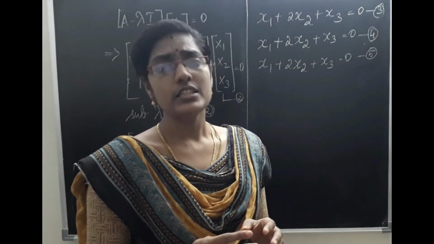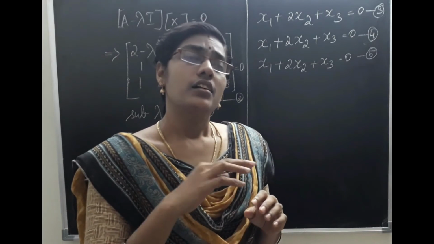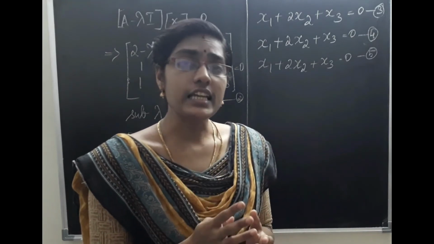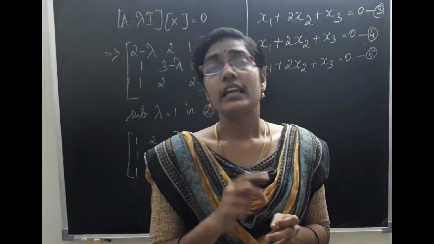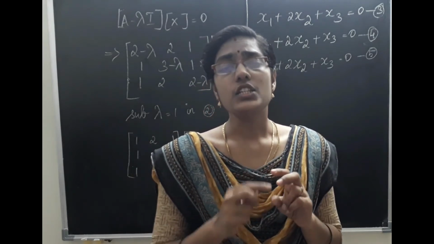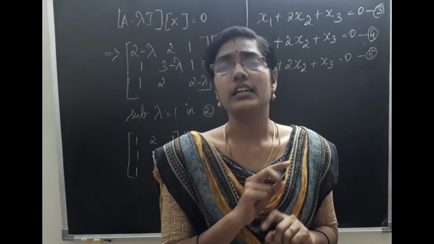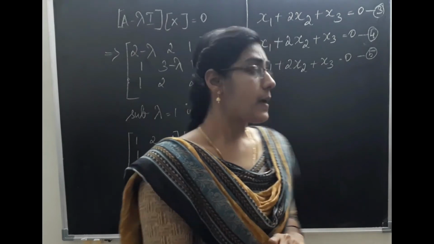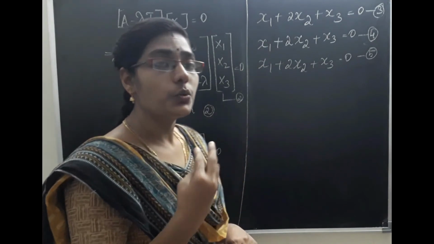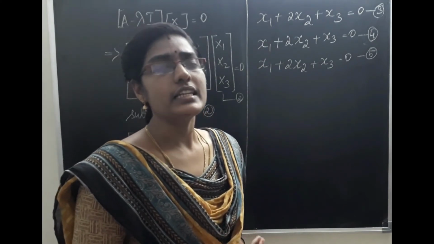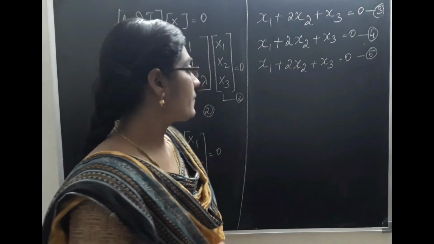In some cases, you will get different equations. In such cases, the eigenvectors are linearly dependent, and you will get only one eigenvector for the two eigenvalues. But if the equations are like this, then for the two repeated eigenvalues, we will get distinct eigenvectors.